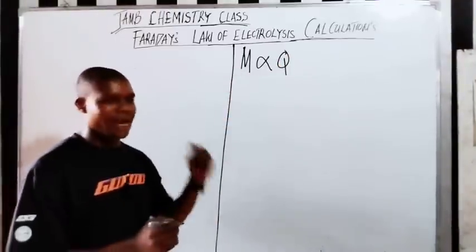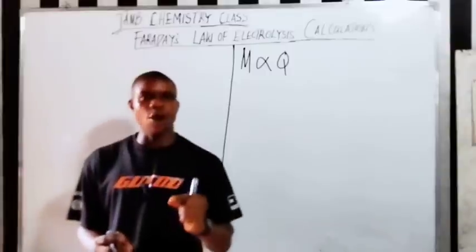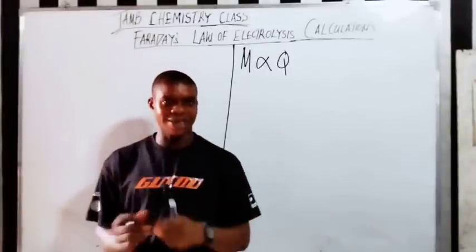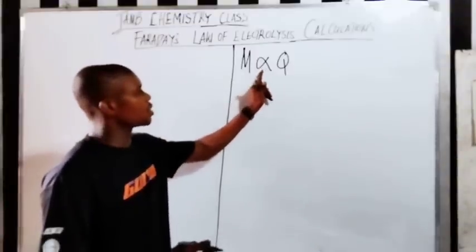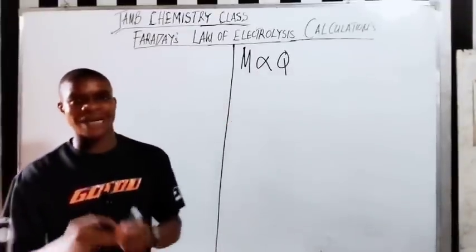So M is the mass, and Q is the quantity of electricity that passed through the electrolyte. Now, if you remove the sign of proportionality here, you are going to introduce a constant.